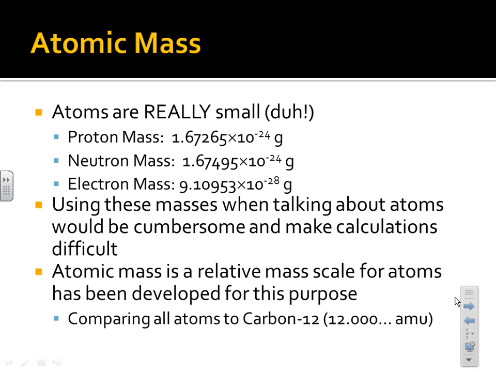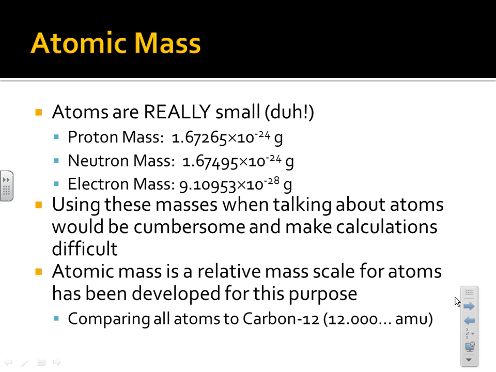What did we assign as the value of carbon-12? What is its atomic mass? Christine? 12, right? So we have to talk about how big this atom is in relation to the number 12, not necessarily to the number 1.